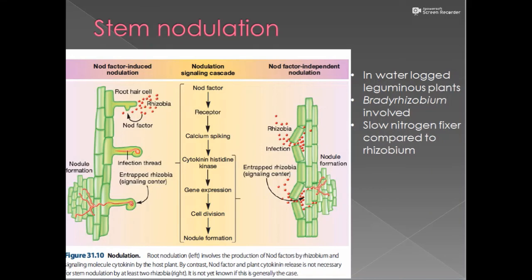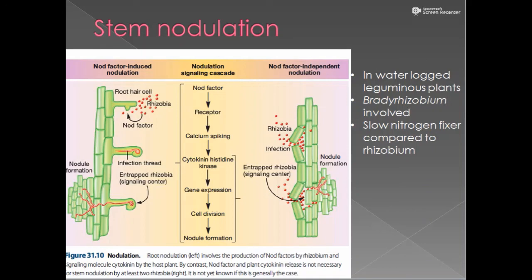The nod factor as well as cytokinin release is not necessary in the case of stem nodulation; the Rhizobium just infects the plants and the nodules are formed on the stems. So the entrapped rhizobia will give a signal. It will serve as a signaling center for the stem nodules, and the nodulation will be initiated in the stems.